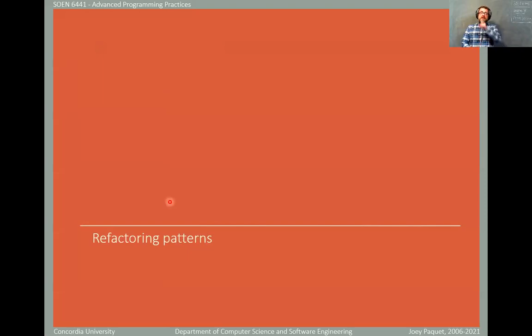That was the introduction of what refactoring is in general. Now I'm going to present some refactoring patterns. That doesn't mean that these are the kinds of things I want you to look for as refactoring targets. I'm just giving you some examples. Just like design patterns, there are refactoring patterns.